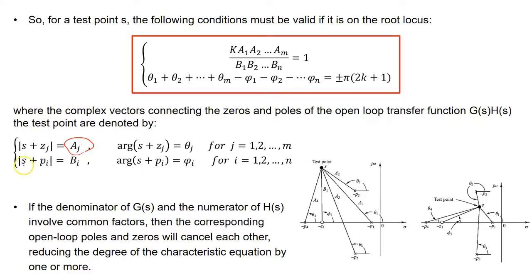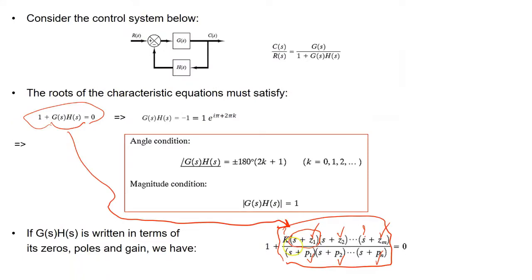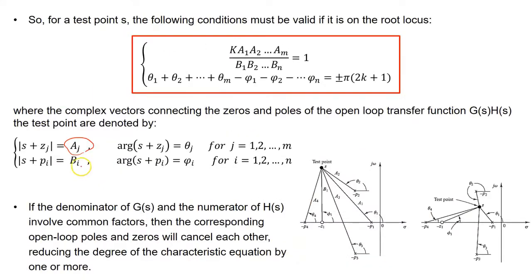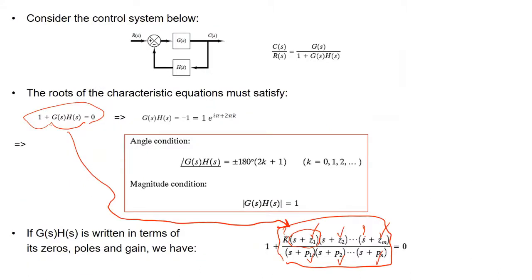And then the magnitude of S plus P sub i, the ones in the denominator that you can see, all of these guys, I show with B sub i, right? Correct? So then what do I get from this equation?